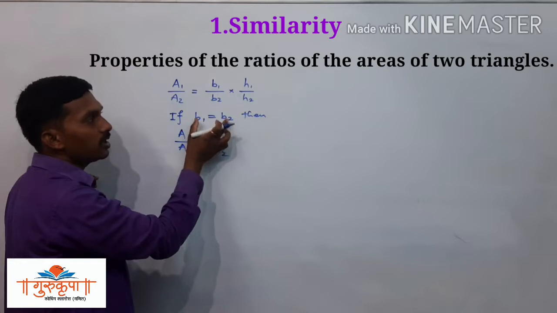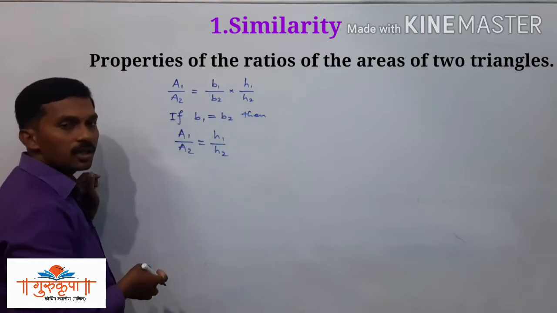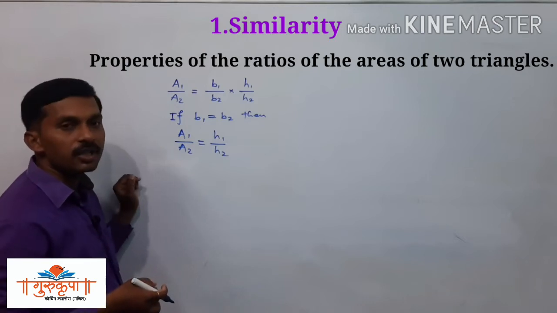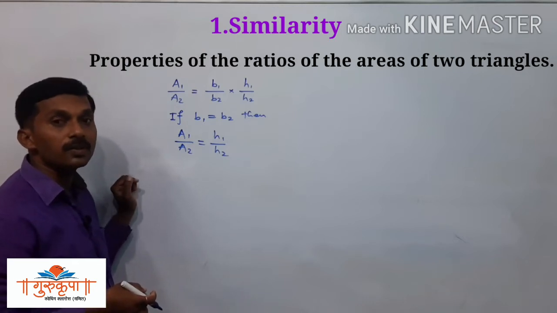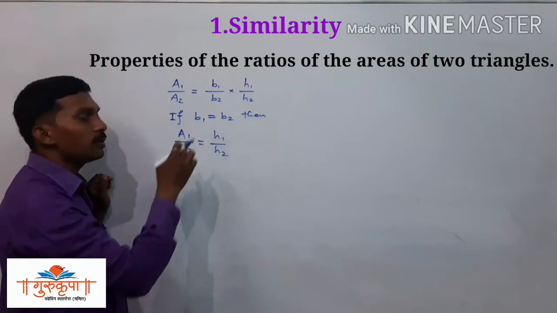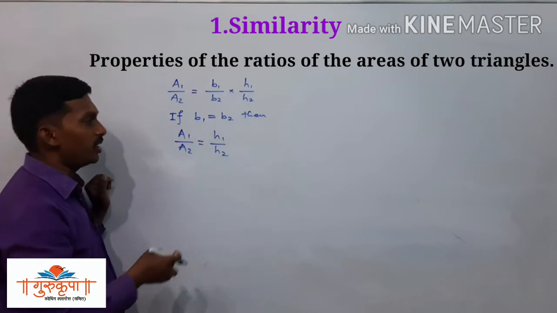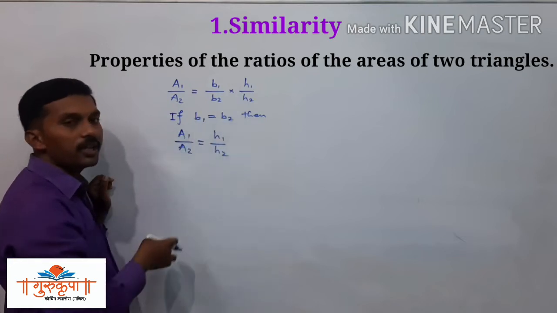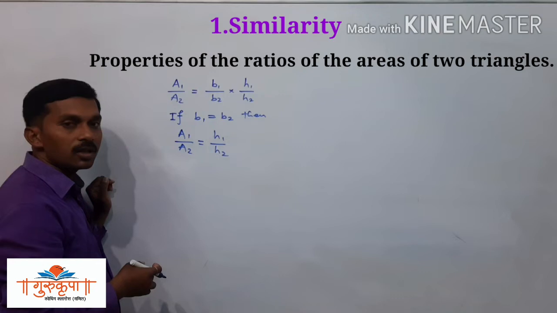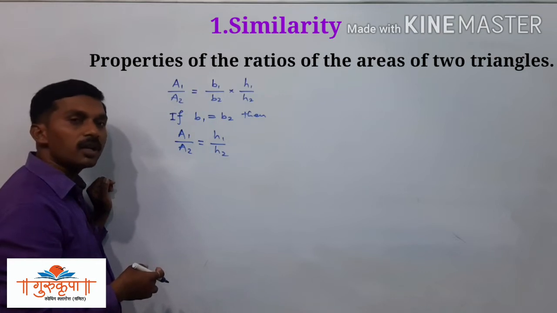Since the bases are equal, B1 and B2 get cancelled and we have A1 upon A2, that is the ratio of the areas of two triangles having equal bases is equal to the ratio of their corresponding heights. When the bases are equal, the ratio of the areas of two triangles is equal to the ratio of their corresponding heights.